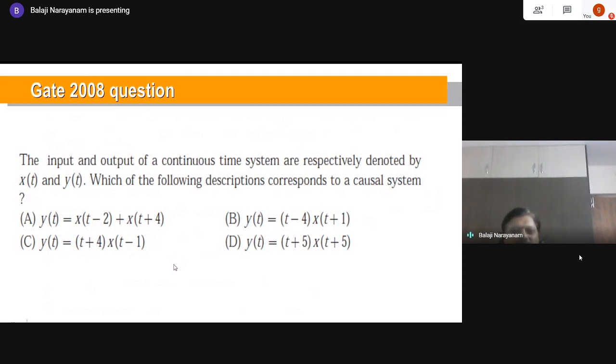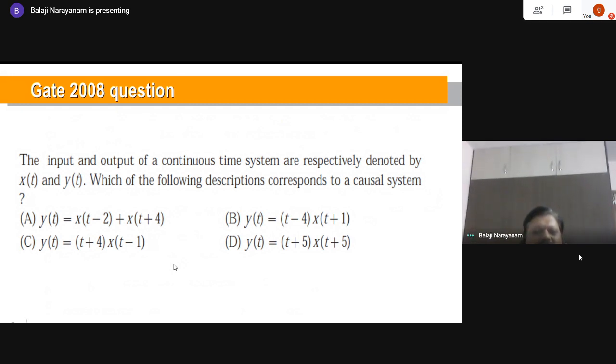The input and output of a continuous time system are respectively denoted by x of t and y of t. Which of the following descriptions corresponds to a causal system? You are given 4 different relations between the output and the input signals, and you are asked to find out which corresponds to a causal system.